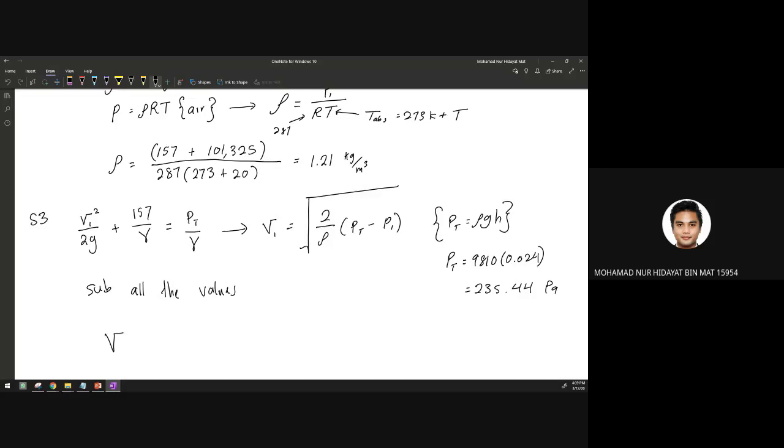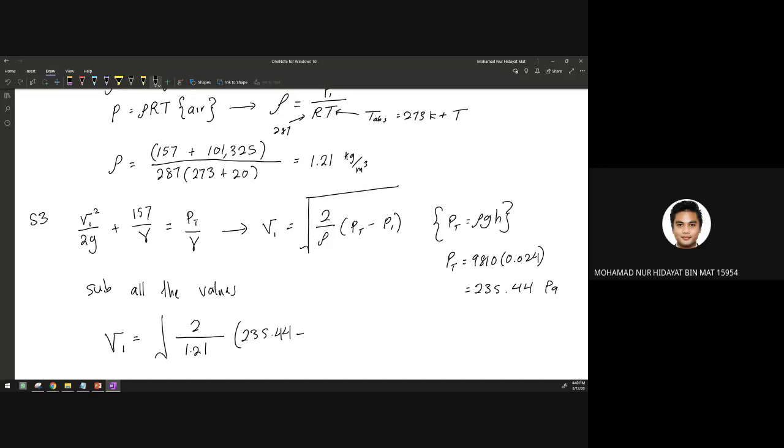V1 is equal to the density of air, which is 1.21, and PT, we have calculated, which is 235.44, minus the pressure at 1.